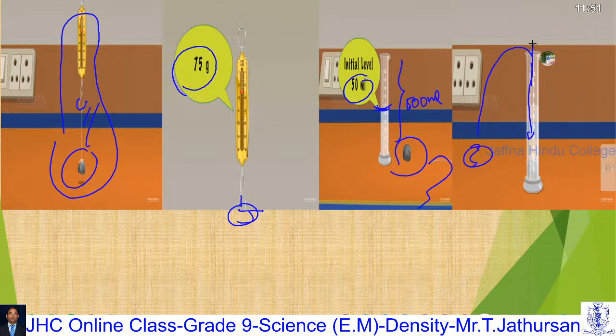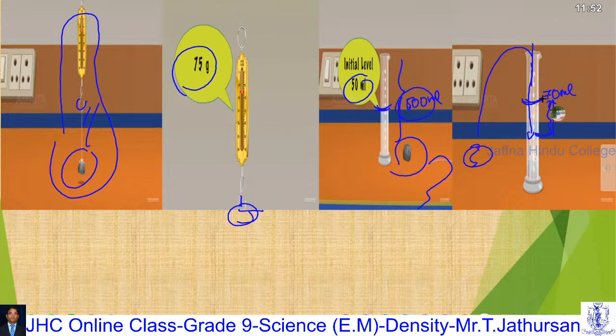The water level goes up to nearly 70 milliliter. The initial level was 50 milliliter. When you immerse the stone in the measuring cylinder, the water level goes up to 70 milliliter.